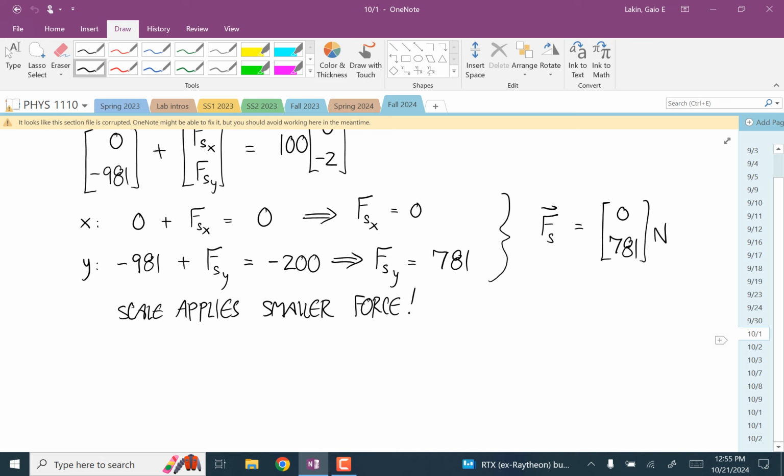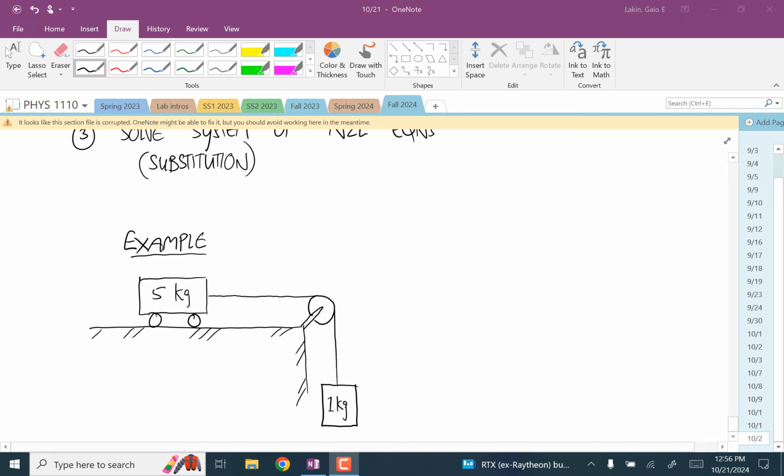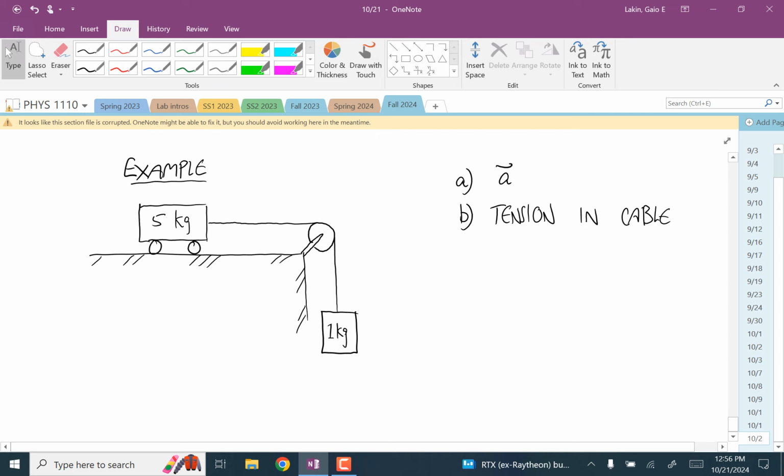And let's say we want to calculate the acceleration vector and the tension in the cable. Okay, so first, this is a rolling, sliding problem. Do we have to use a funny coordinate system for this or just the regular one?